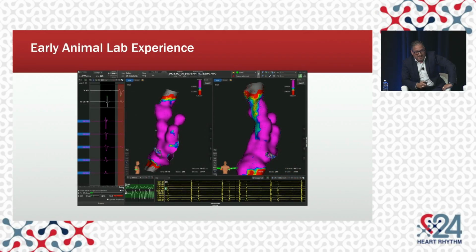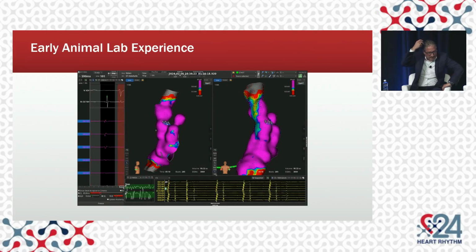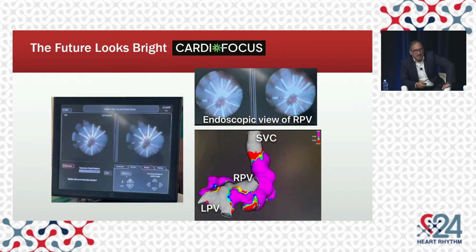And this is my experience in a swine model. The one point of this slide is to mention that with the splines, you can actually adequately map where your balloon is in space and create a fairly decent 3D electroanatomical map with the electrodes.